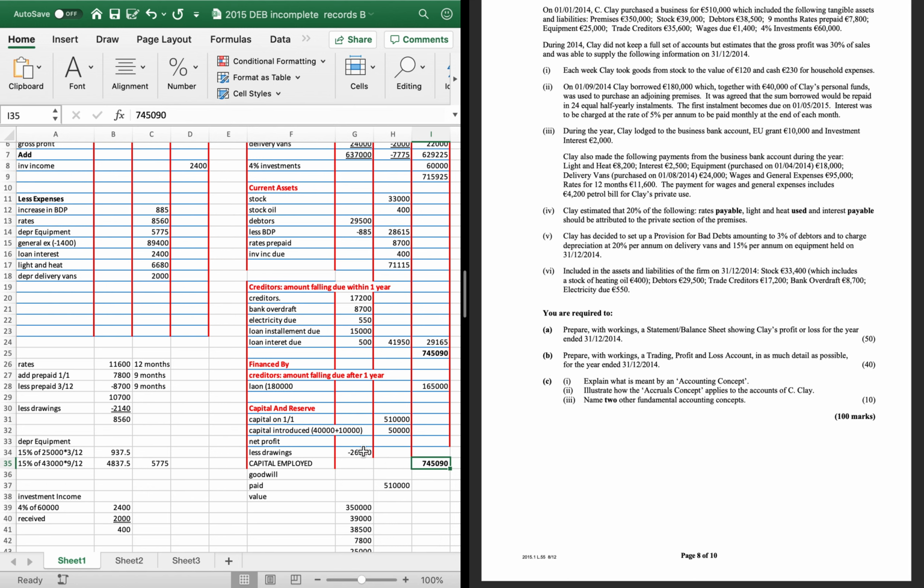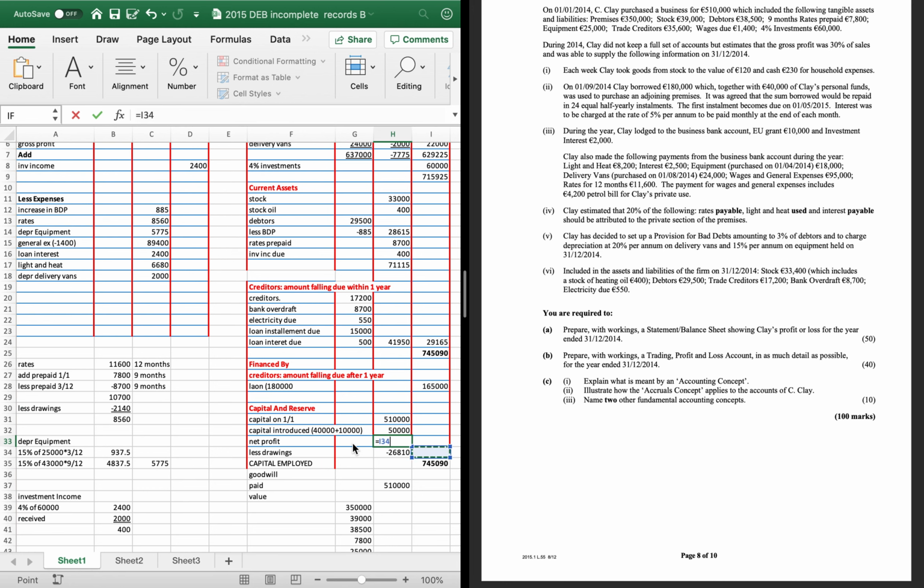Okay, and that's going to be the number I use to work out my net profit. So we're assuming this number is correct. So what we do is we have to work backwards. So we add back on the drawings and take away the 3 positive figures, because 165 plus 510 plus 50 plus some number for net profit minus drawings equals this.